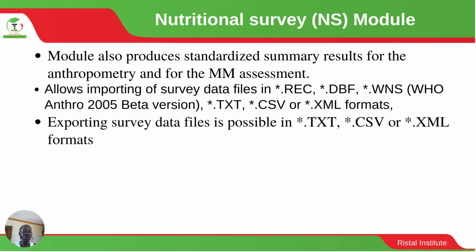This module also produces standardized summary results for anthropometry and for assessments, allows importing of survey data files in REC, DBF, WNS, that is WHO Anthro 2005 beta version, TXT, CSV, or XML formats. Exporting survey data files is also possible in TXT, CSV, or XML formats.